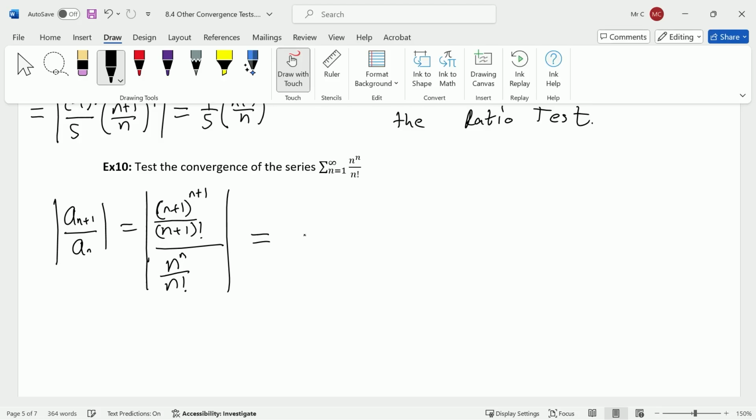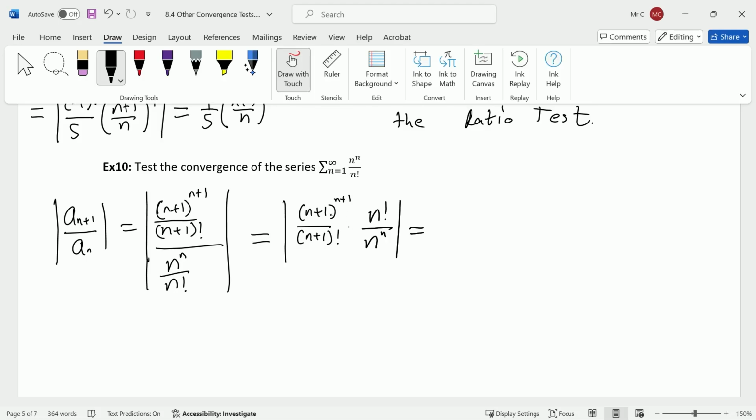And now we've got to start rewriting this expression a bit. First I'm going to rewrite this as multiplying by the reciprocal instead. That's n plus 1 to the n plus 1 over n plus 1 factorial times n factorial over n to the n. And now we'll start rewriting this.